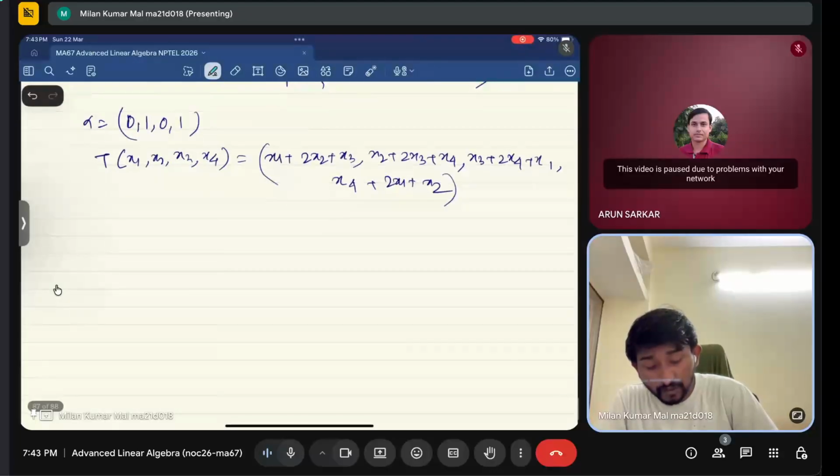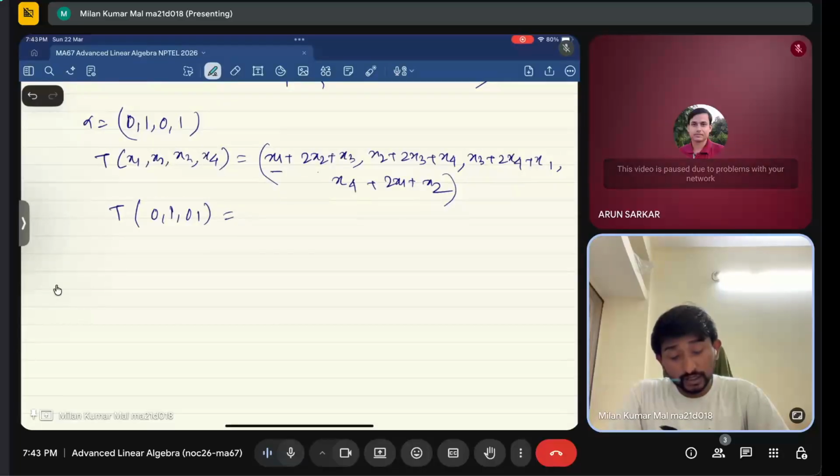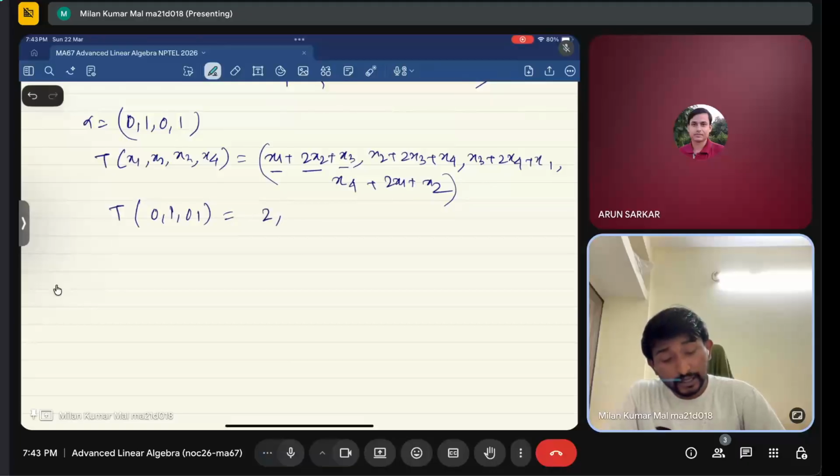So that means T will map (0, 1, 0, 1) to, in the first component, 0 plus 2 times 1 plus x3, that is 2, and the second component x2 will be 1.